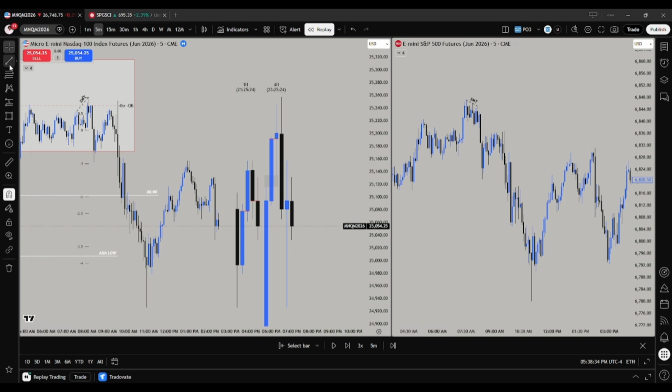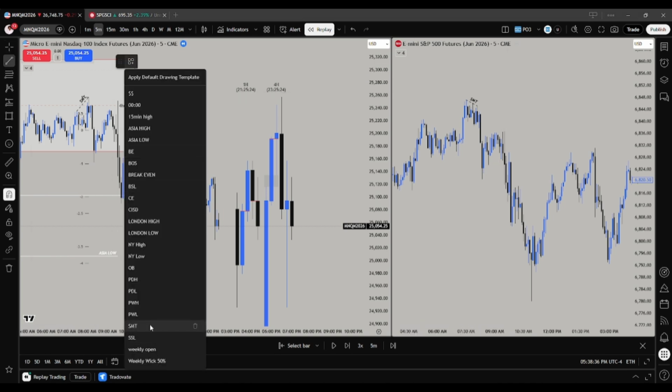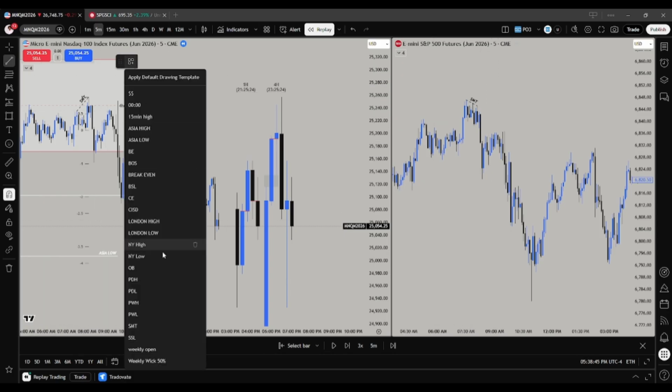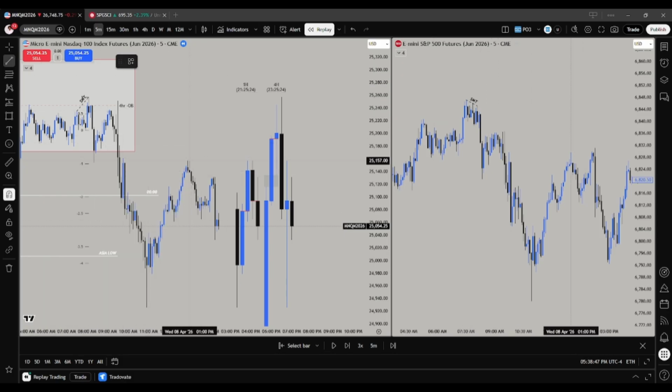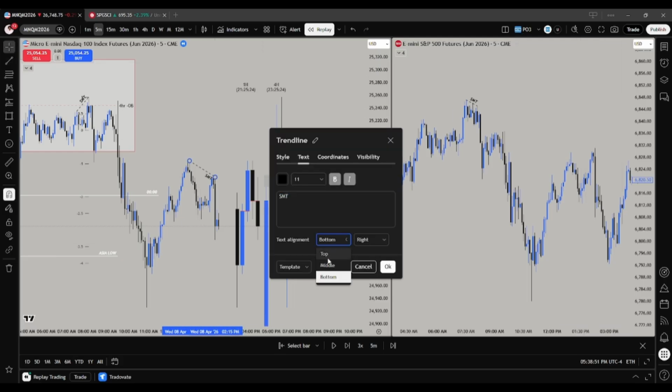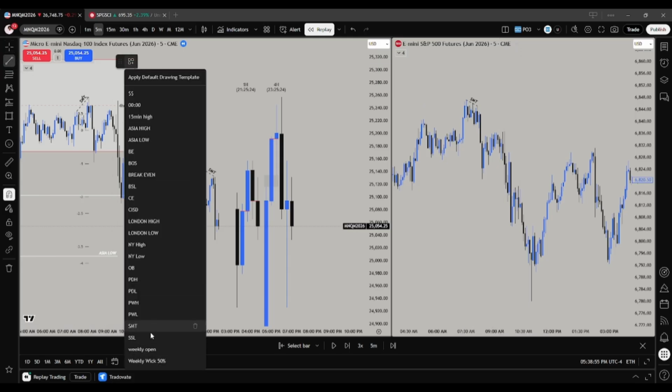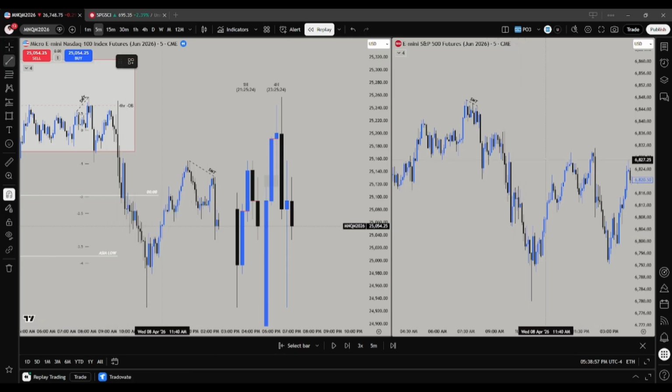We placed an SMT at these highs right here where NQ failed to take this high, but ES ended up taking it. Give me 1 second, let me mark it out here. So this high here that I'm talking about. And then if we mark it out on ES, you'll be able to see it over here too. There we go.